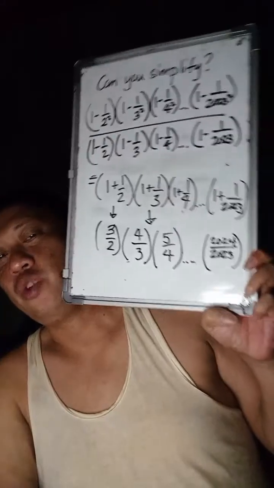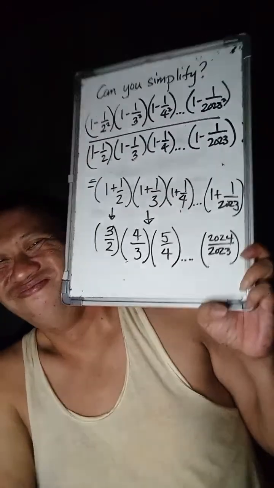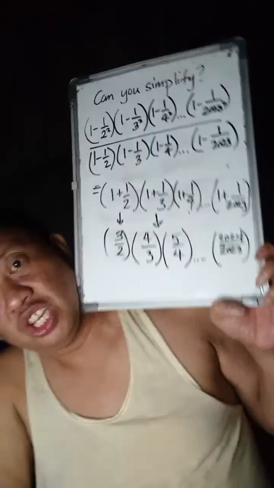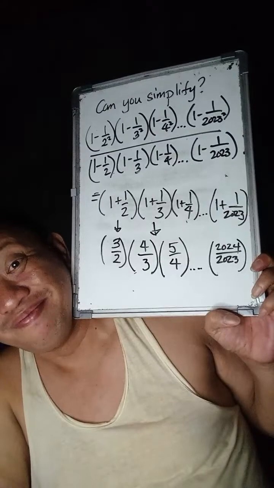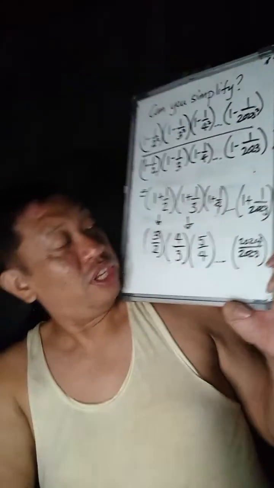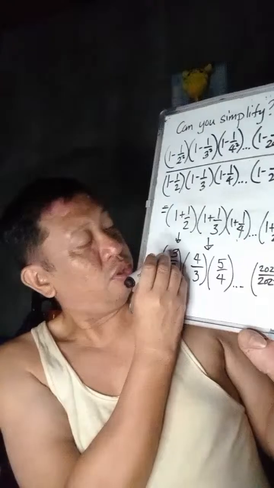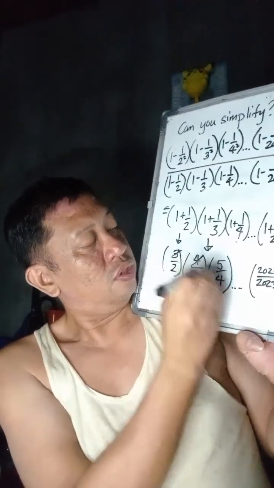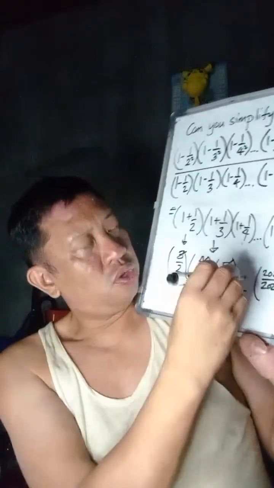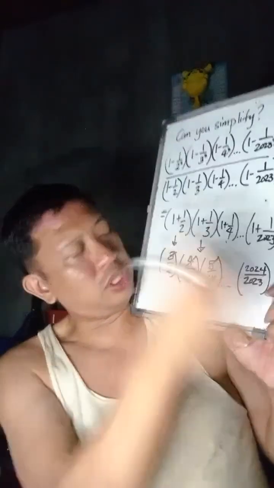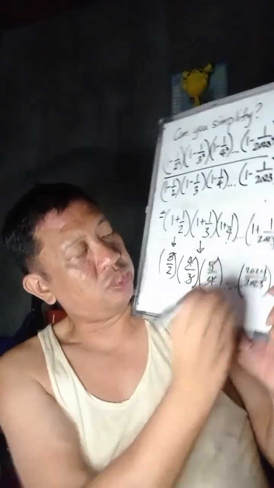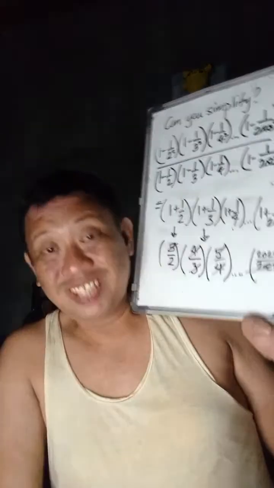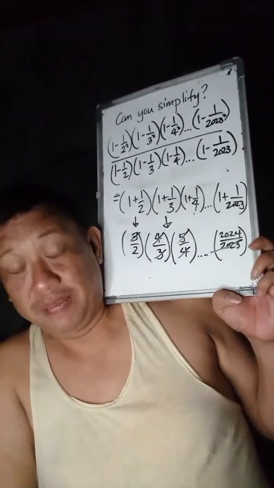Now, do you see where it's going? Since this is a multiplication of fractions, you know that cancellation works, right? So the numerator here will be cancelled with the denominator here, so is 4, so is 5, up to 2023. This technique is what we call telescoping.